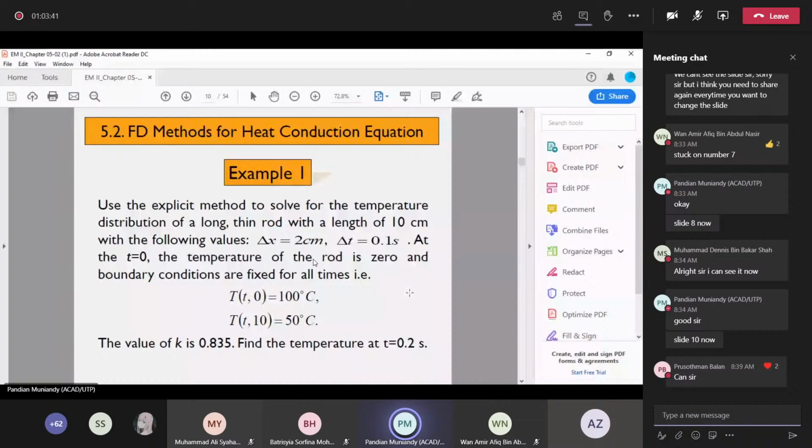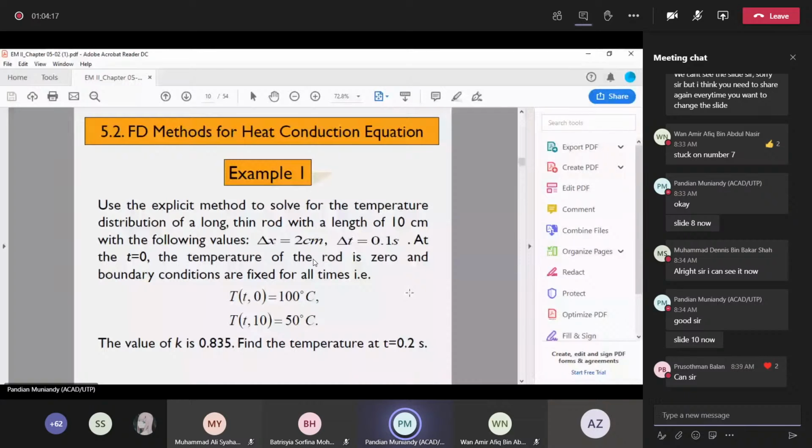So there is an interval for the distance. The x is the y-axis, you can draw the graph: 0, 2, 4, 6, 8, 10. And the del t is 0.1 second. Del x is 2 cm because the length is 10 cm.